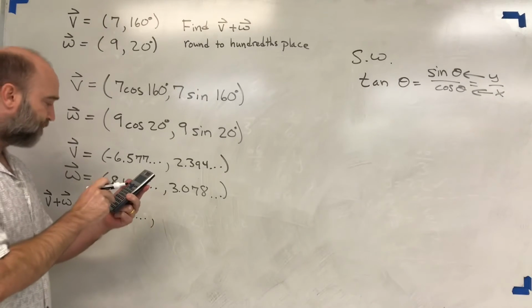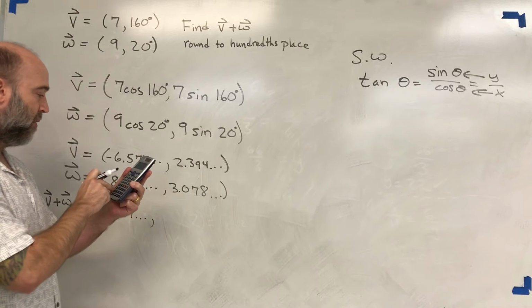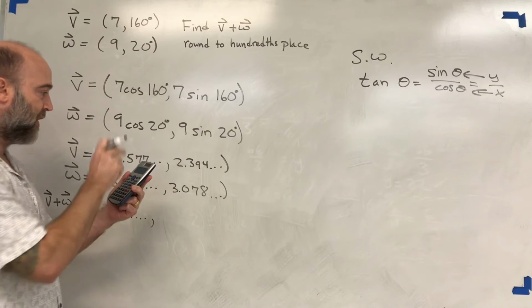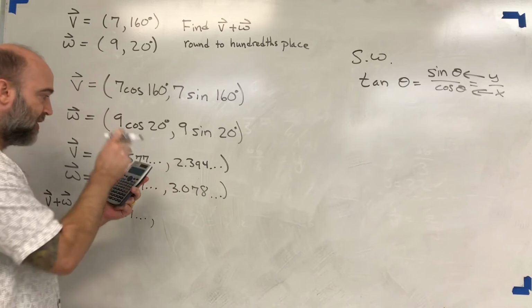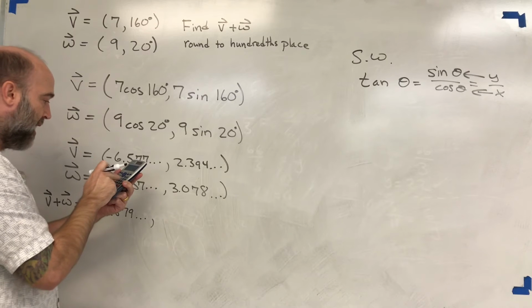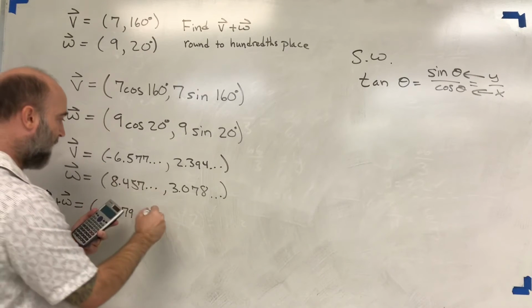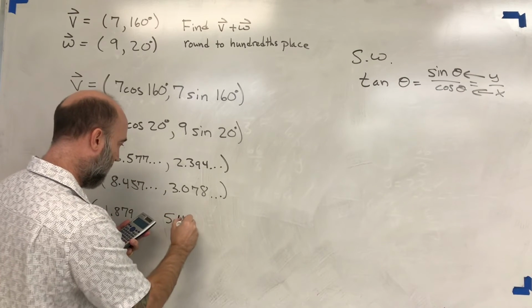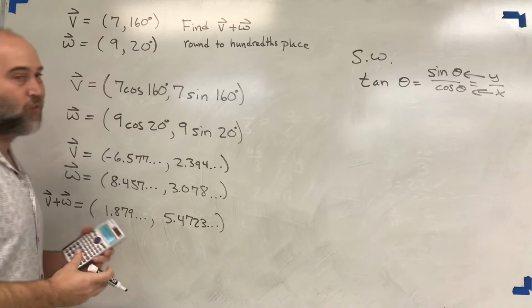And the next one is 7 sine 160 equals, so I get that answer. It's this one right here, the infinite decimal, plus, so I stored it, plus then the 9 sine of 20 equals. And I got 5.4723... And now I can round.